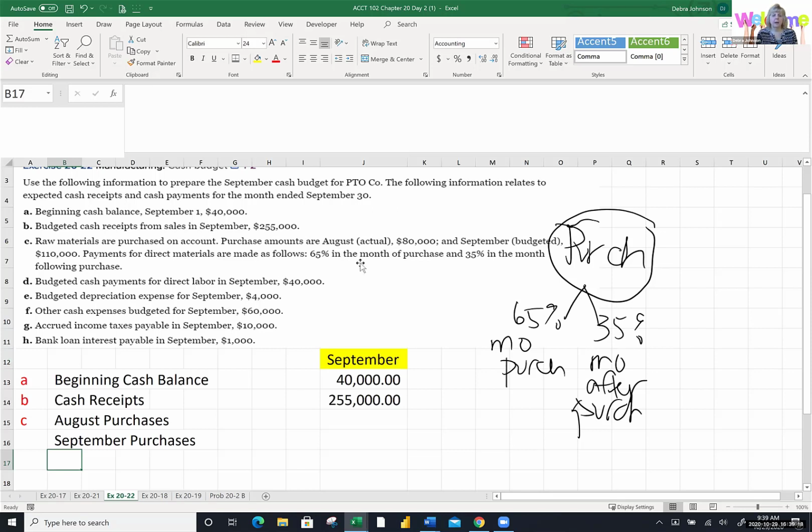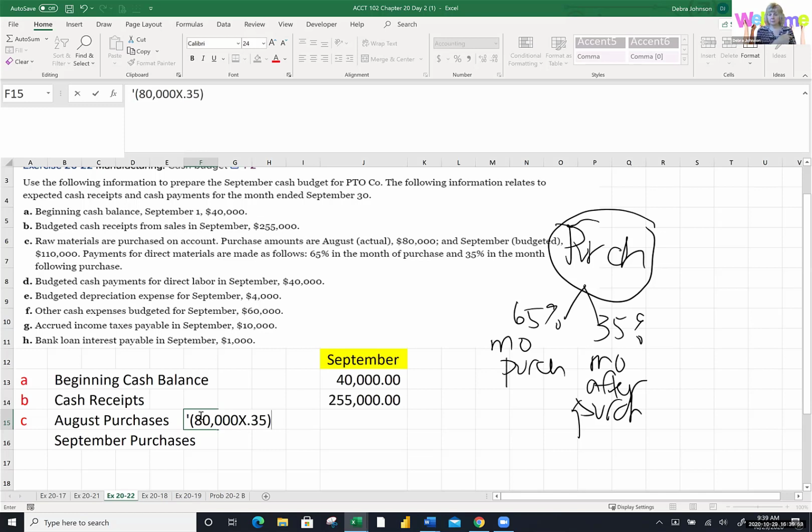If they had August purchases, if I look at this little flow chart, 65% of those would have been paid in August, last month. Remember, these are August purchases. We're interested in September, so we're interested in that 35% that would have been paid in September. I'm going to write that down for your notes: $80,000 times the 35%. You might be saying, hey, what happened to the 65?